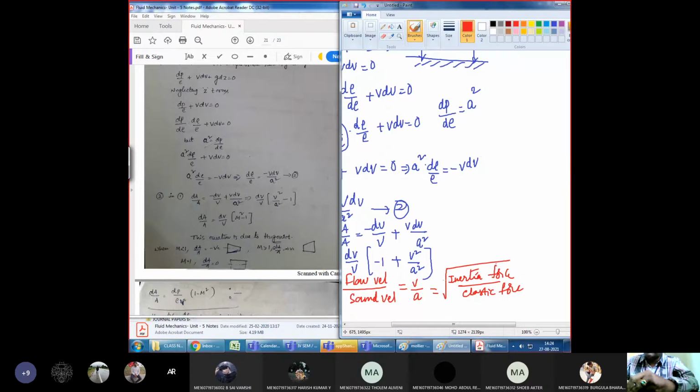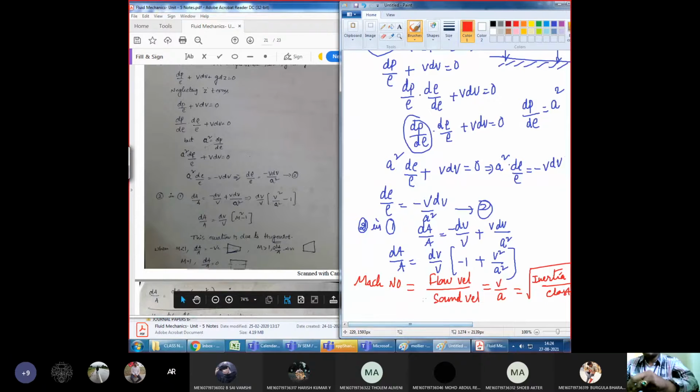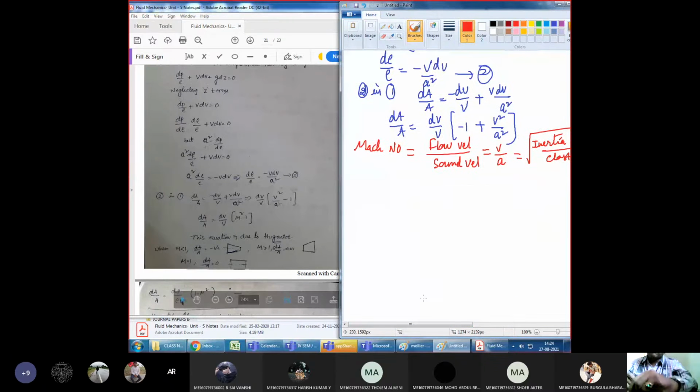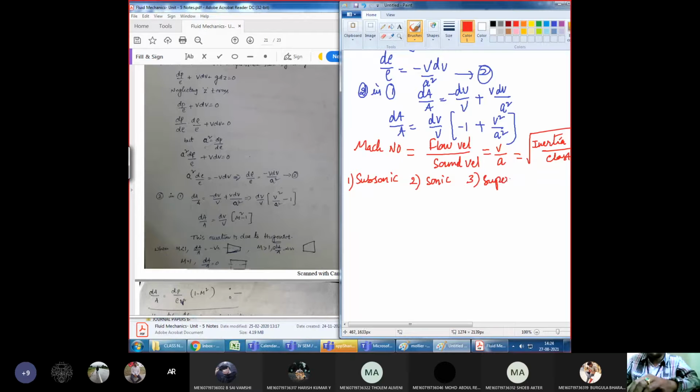If you substitute these two and simplify, you will get V by A. So that is the Mach number. Based on the Mach number, the compressible flow can be categorized as subsonic flow, sonic flow, supersonic, and hypersonic.